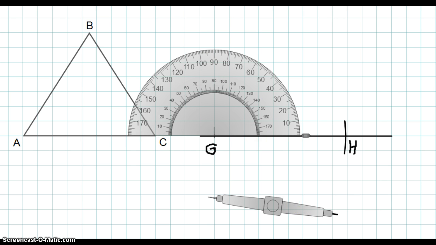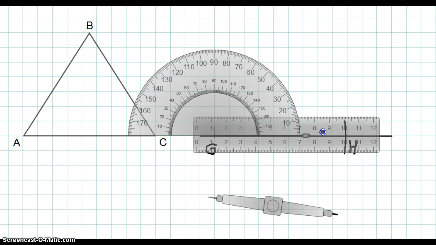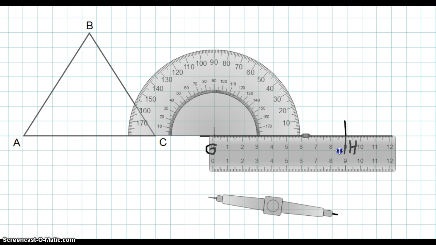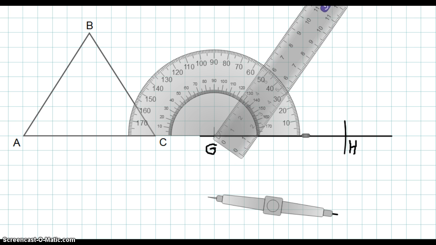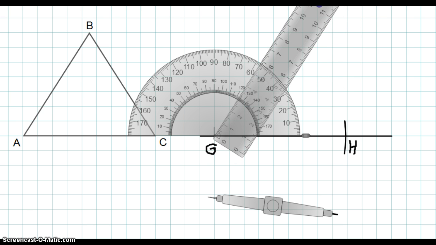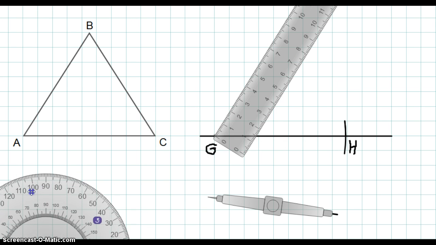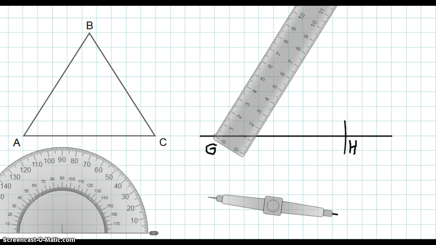And then I'm also going to use a ruler. So I'm going to place my ruler on top of my protractor at 58 degrees, which is right there. Yep. And then I'm going to remove my protractor, and then I'm going to draw a line.